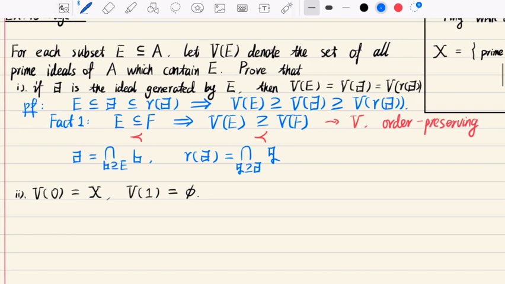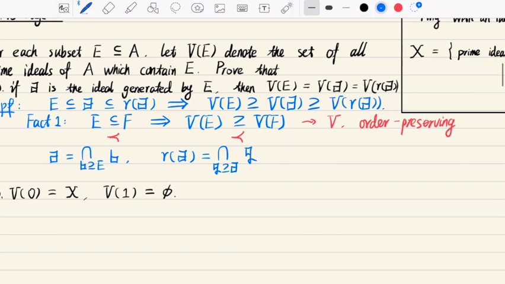So if a prime ideal P contains E, then this prime ideal P is just an example of B here. If prime ideal P contains A, then the prime ideal P is just an example of this Q here. So we can give the proof for the other direction.